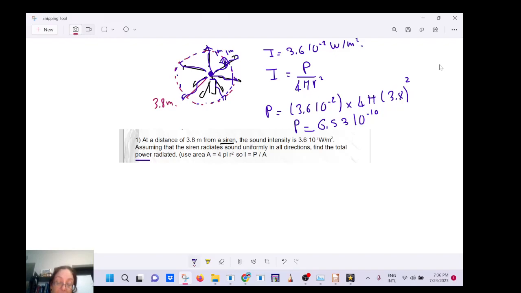So 3.6 times 10 to the negative 2, multiply by 4 pi, multiply by 3.8 squared. You get 6.5 watts. So a small speaker that you use when you do some electronics, the very small one, is about 8 watts. Just to compare.